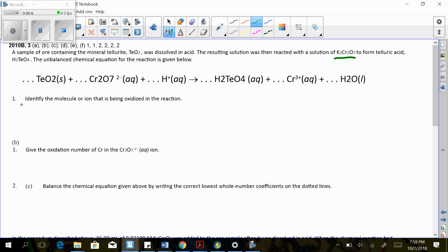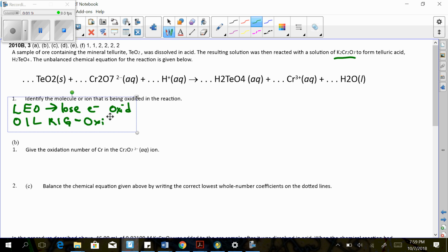If we look at something that's being oxidized, we can go to our LEO says GER, which is our little acronym to help us remember that losing electrons is oxidation. Or if you look at OIL RIG, oxidation is loss, and by loss, let's say loss of electrons.